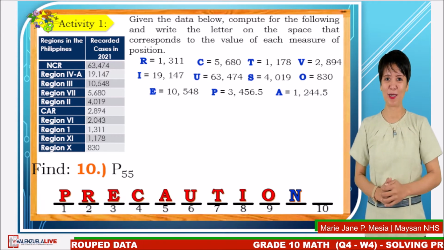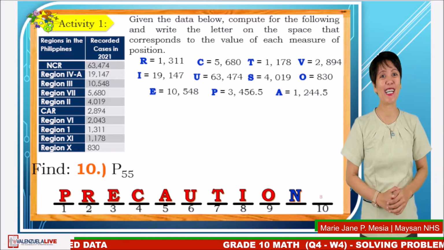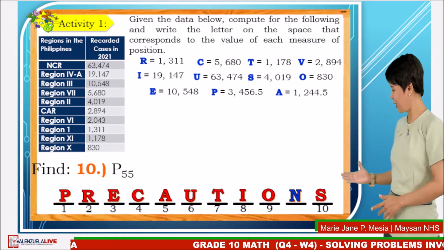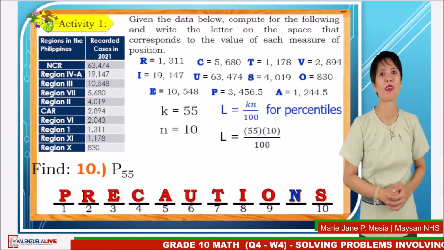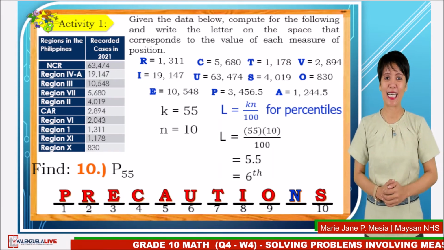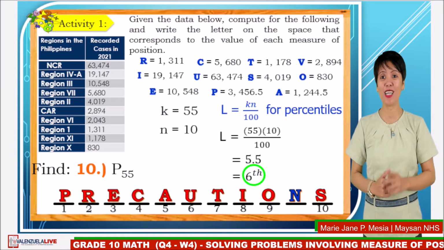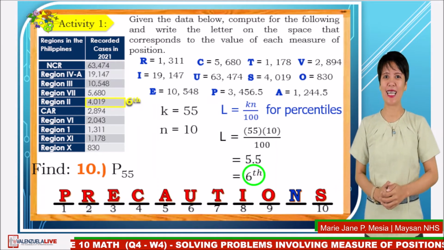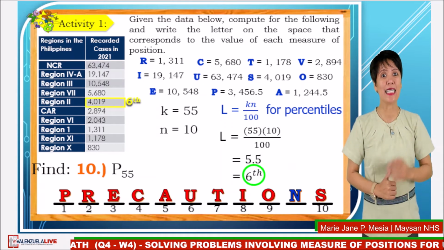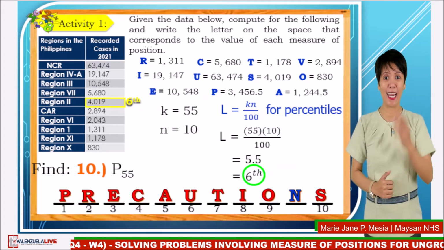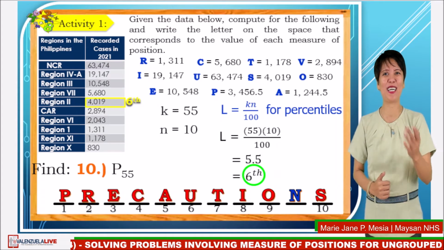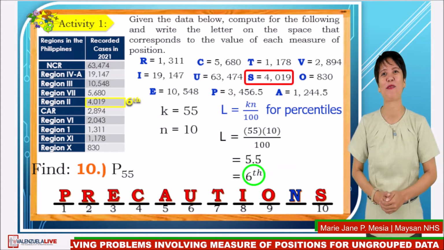What is your answer? Great. Letter S. See the solution on the screen. So the locator is in the 6th position, which is in region 2, whose cases is 4,019. And the letter that corresponds to the value is letter S.